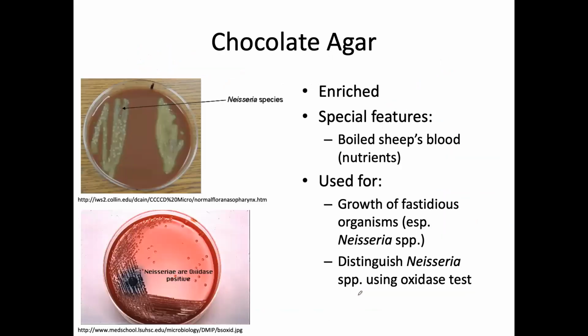All right, chocolate agar. Boiled sheep blood, again for fastidious growth, such as Neisseria. It's used to distinguish Neisseria species using something called the oxidase test. So you can see here the growth of the species on the chocolate agar, and then you can see with a chemical test which ones are oxidase positive.